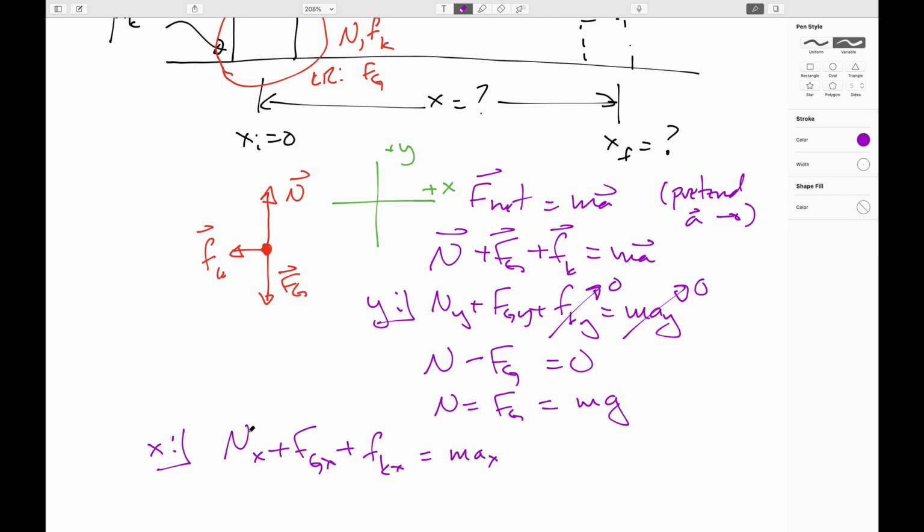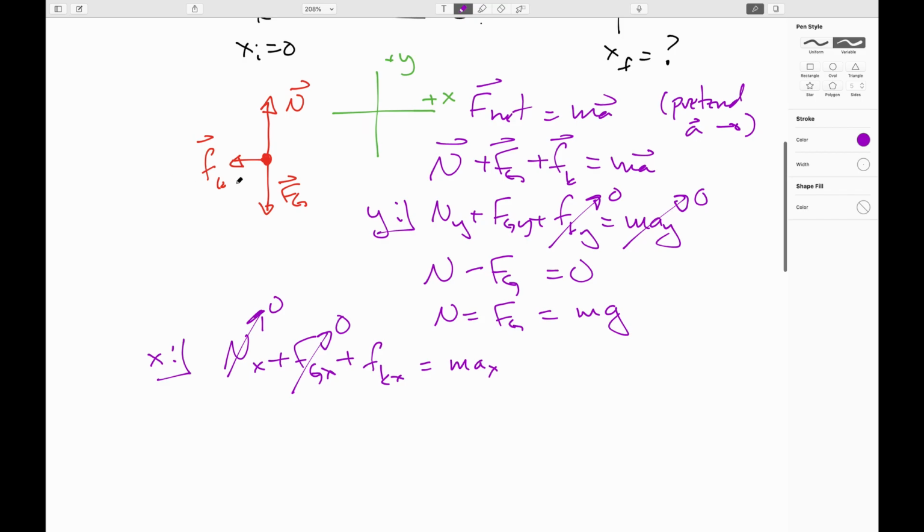So here, normal force and gravity both act purely in y, so they're both 0. The force of kinetic friction points purely to the left, so it'll be minus f_k, and here we're just going to say ma. So the acceleration will be minus f_k over m, and it sounds like all might be lost until we remember that our model of friction is that this will be minus mu_k times the normal force over m.